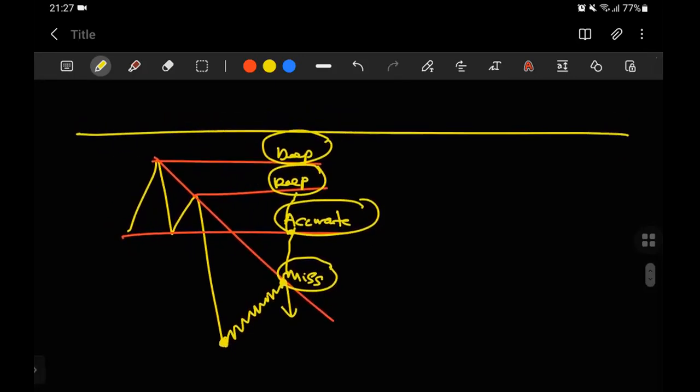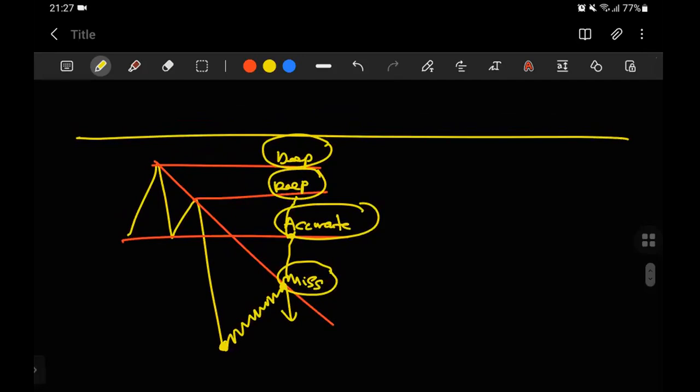So in the OHLC view, I'm going to show it over here, so it will be much easier. So say that this is a candle.